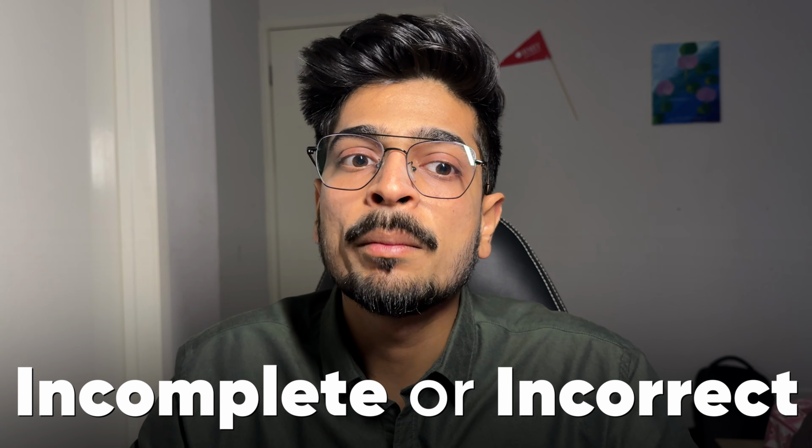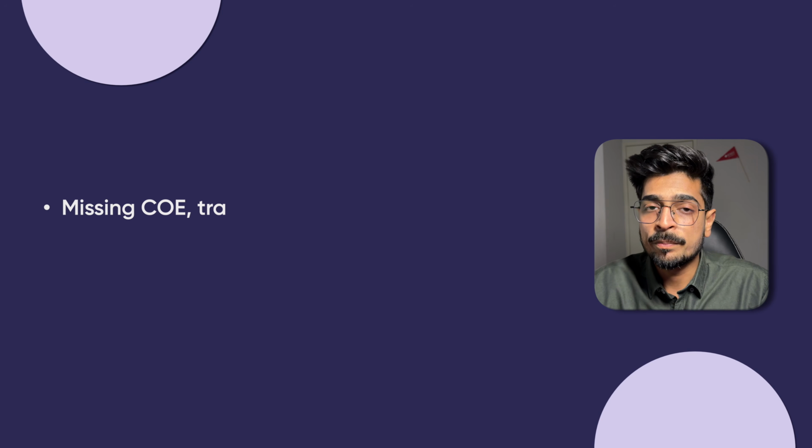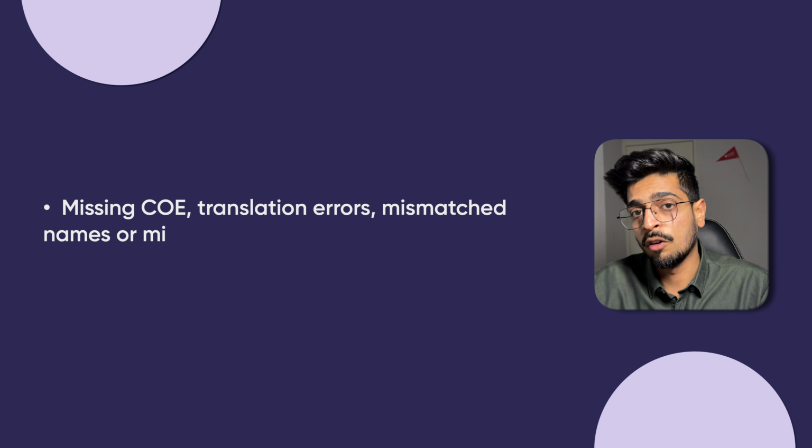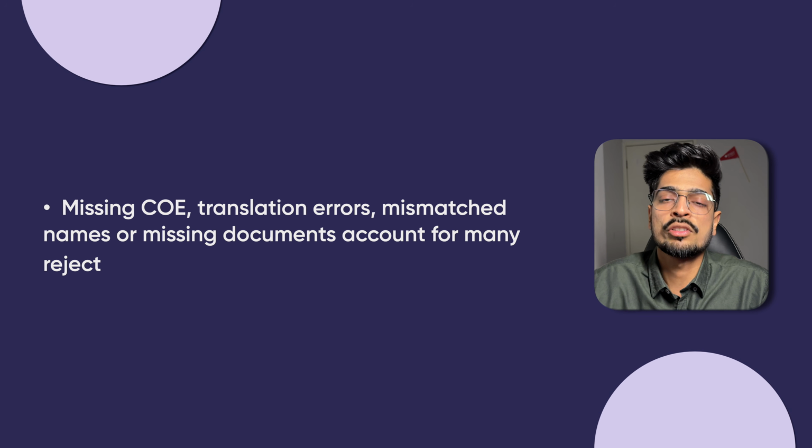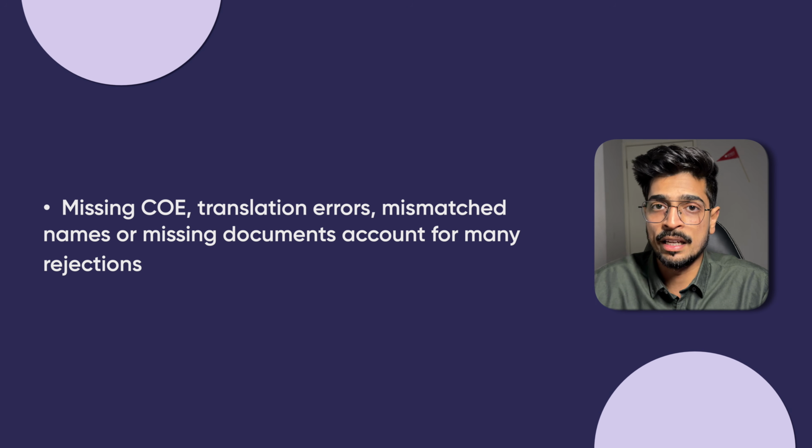Well, the next mistake that I want to highlight is incomplete or incorrect documentation. There are so many people applying for a student visa who have incorrect, misleading or incomplete information in their documentation, which leads to rejections, obviously. Some examples are a missing COE. Yes, people do apply with offer letters as well, but now you should be applying with a COE these days.